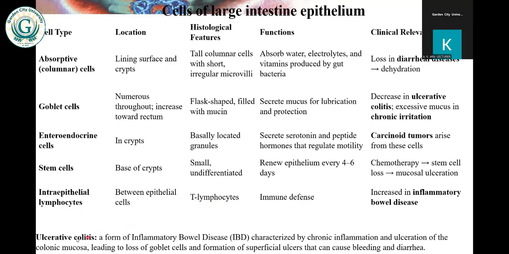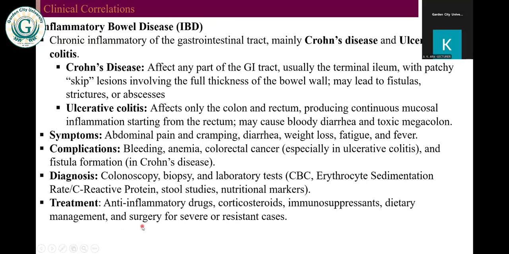I think I've mentioned this one somewhere. So under inflammatory bowel disease, there's chronic inflammation affecting the GI tract. There are two types, Crohn's disease and ulcerative colitis.